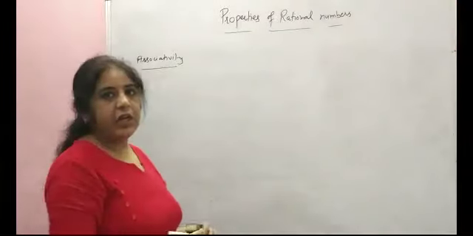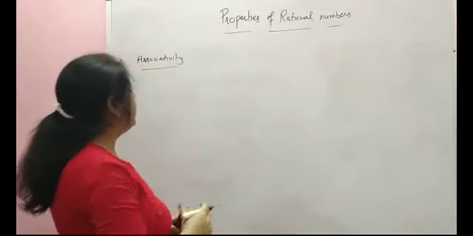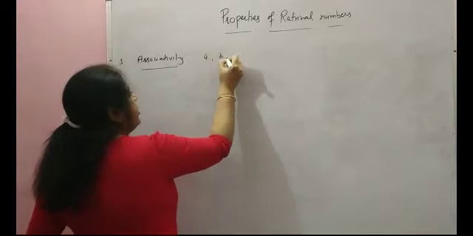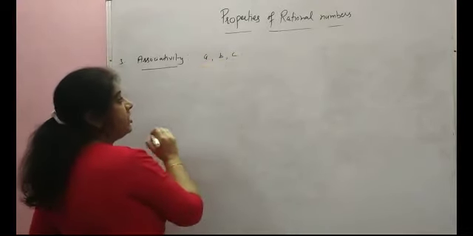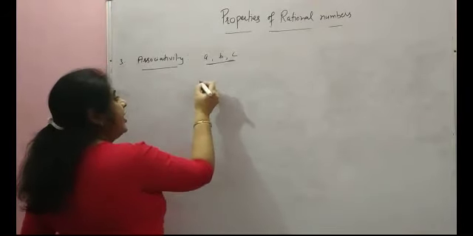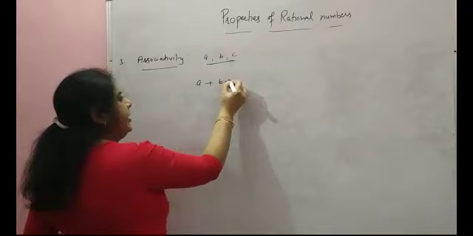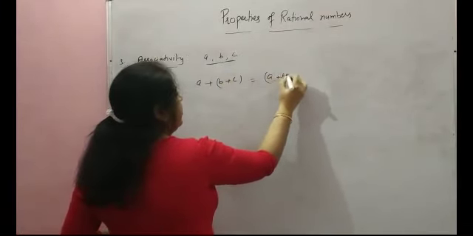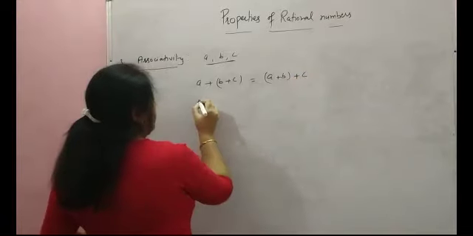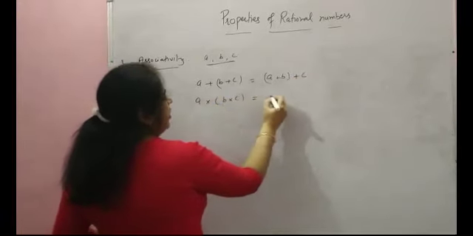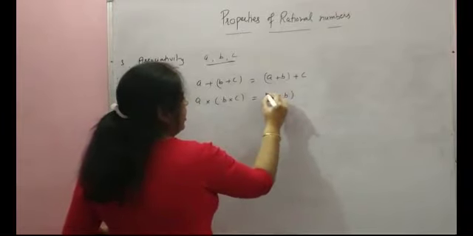What is the actual difference? There we were taking two numbers; here we take three or more numbers. We will take only 3 first. If we are adding them in any order, the answer will remain the same. If we are multiplying them in any order, the answer will remain the same.